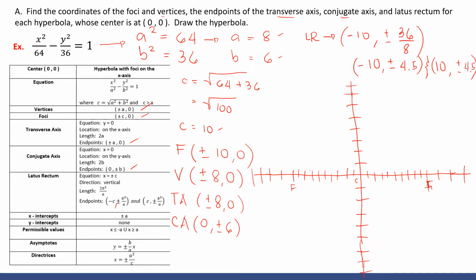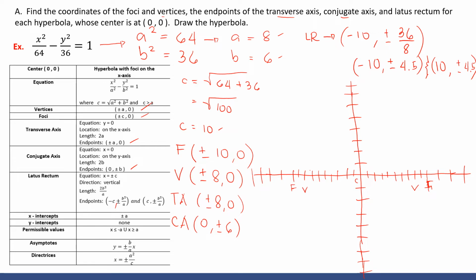Next, we have the vertices, plus or minus 8, 0. From the origin, go right 8: 1, 2, 3, 4, 5, 6, 7, 8. So this is our vertex. And the other is 8 to the left, so another vertex.